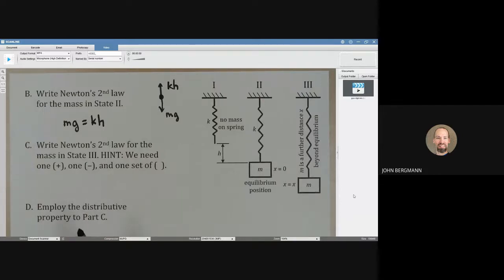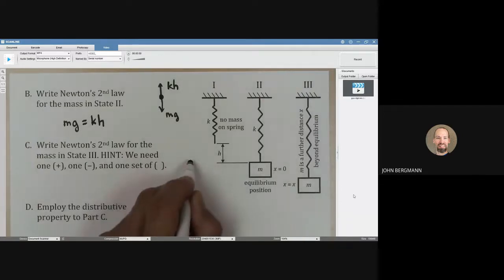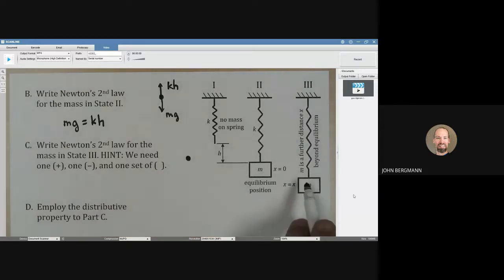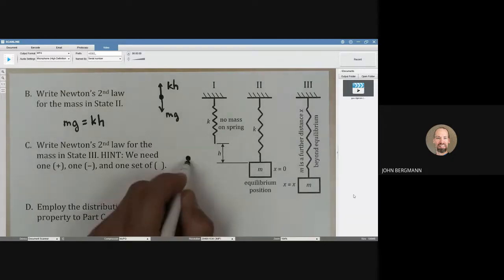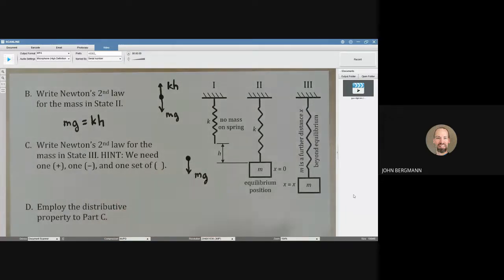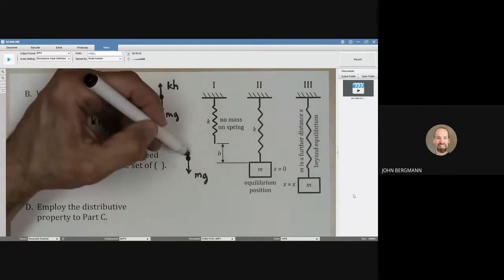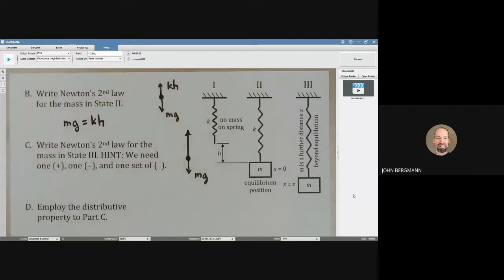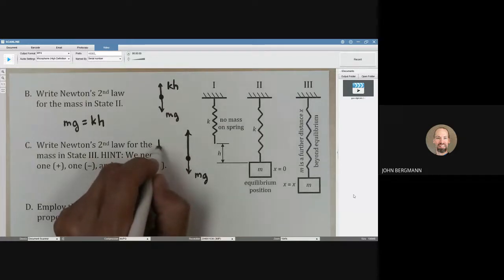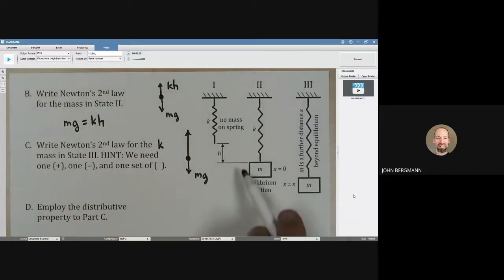When the mass has now been stretched, let's draw a free body diagram of that situation. When it's been stretched down to there, mg is still acting downward. But now, because it's been stretched, the upward force is bigger than mg. And that's going to be numerically equal to k times how much has it stretched?